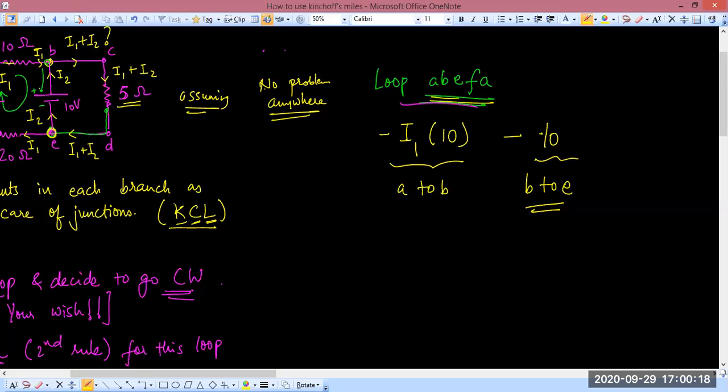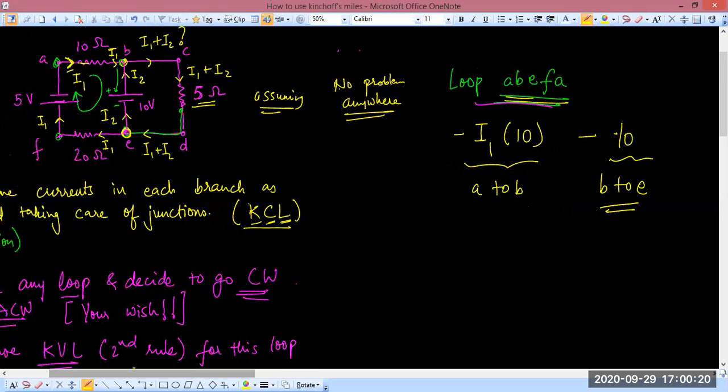Now it's time to go from E to F. Tell me, what came between E and F? Yes, Dhaval, very good. Between E and F there is a resistor, and we are going in the direction of current.